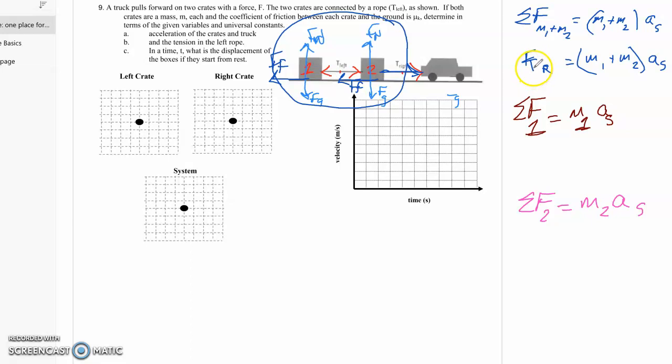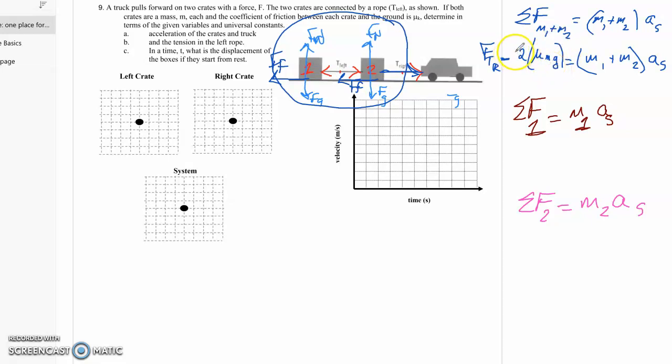So the truth is that it's going to be force tension to the right, and then minus 2 times, since the crates are identical, mu mg.